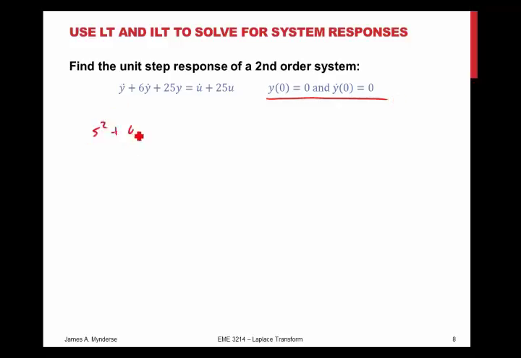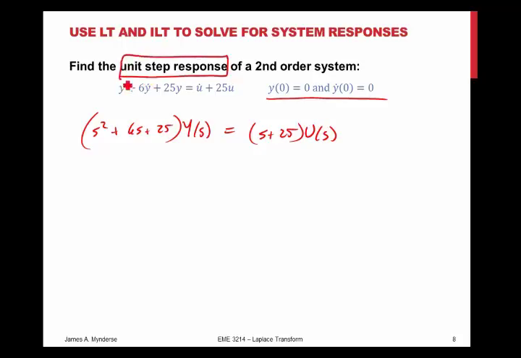So s squared again plus 6s plus 25 all times y of s. And if I also take the Laplace transform on the right-hand side, I should get an s plus 25 times u of s. I'm telling you that it's a unit step response. I just didn't write it down here in my notes.